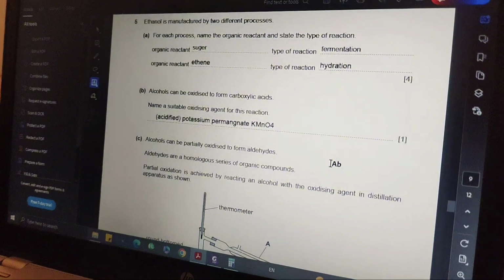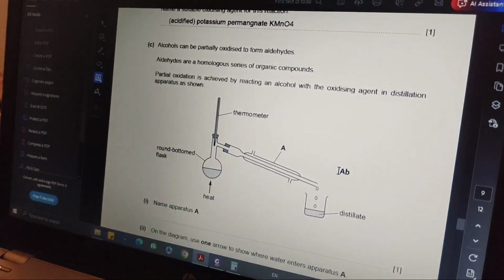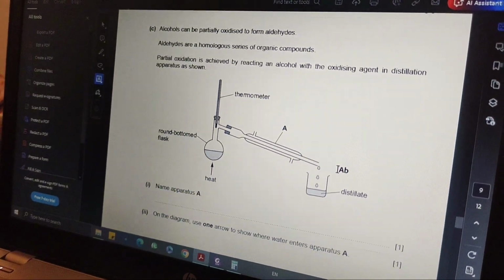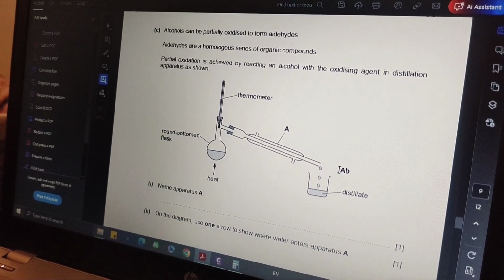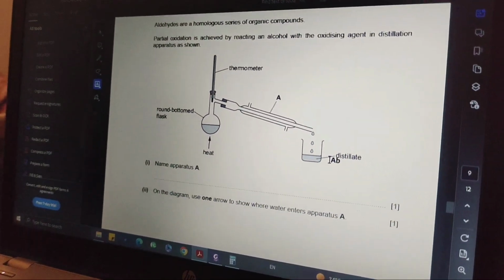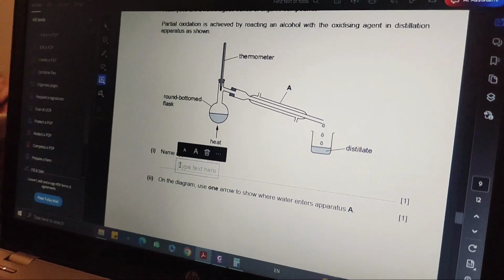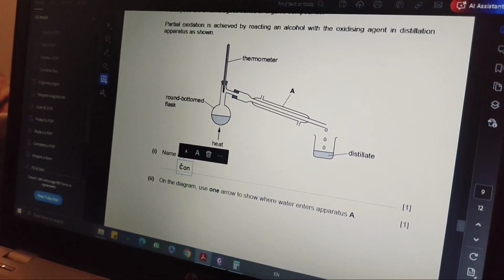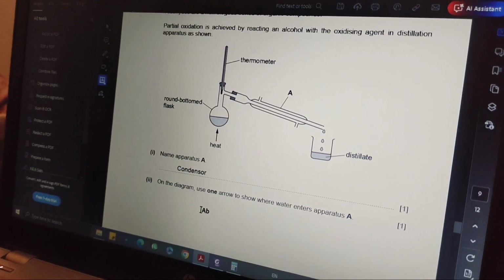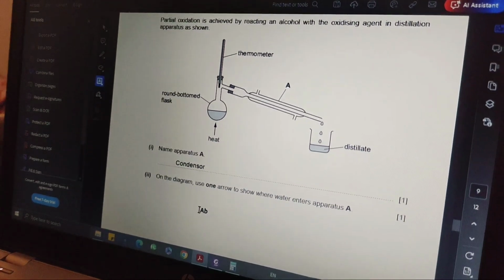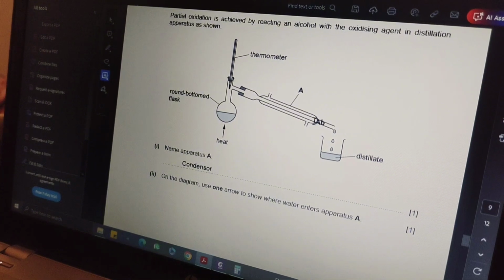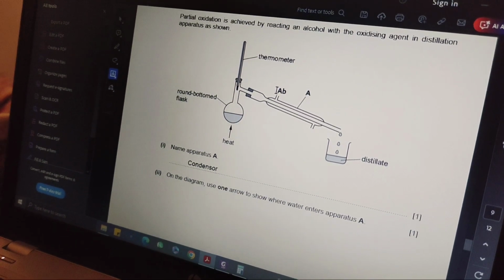Okay, so alcohols can be partially oxidized to form aldehydes. Aldehydes and ketones are homologous series, and so far are not in your syllabus, but discussing the apparatus, name the apparatus A. It is the condenser. On the diagram, use one arrow to show where the water enters the apparatus A. Whenever we use the condenser, its inlet will be downward and the outlet will be on the upward side.